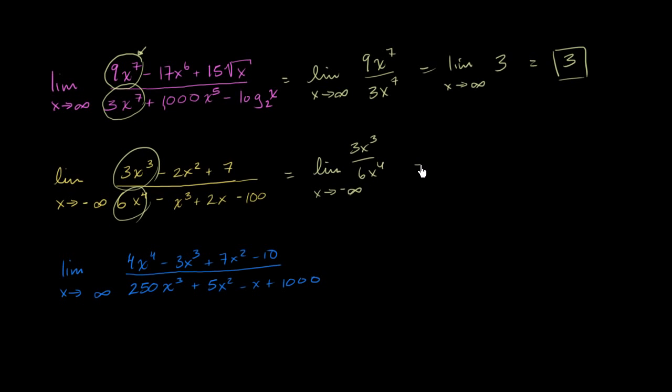And if we simplify this, this is going to be equal to the limit as x approaches negative infinity of 1 over 2x. And what's this going to be? Well, even though the denominator is becoming a larger and larger negative number, it becomes 1 over a very, very large negative number, which is going to get us pretty darn close to 0, just as 1 over x, as x approaches negative infinity, gets us close to 0.